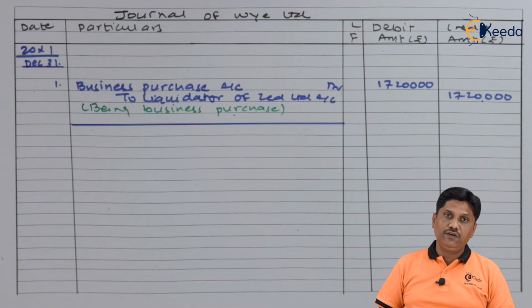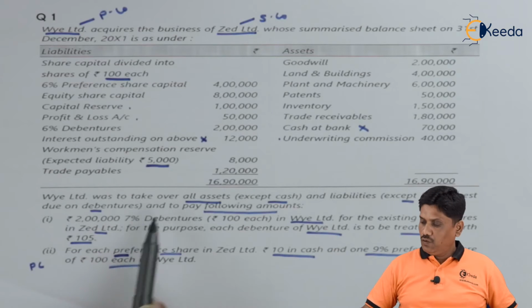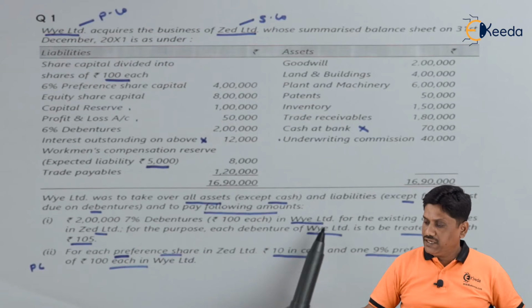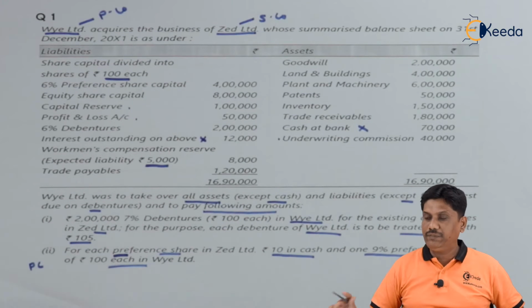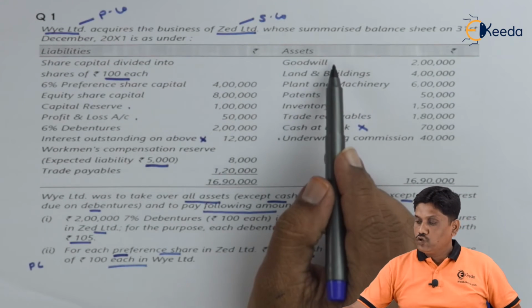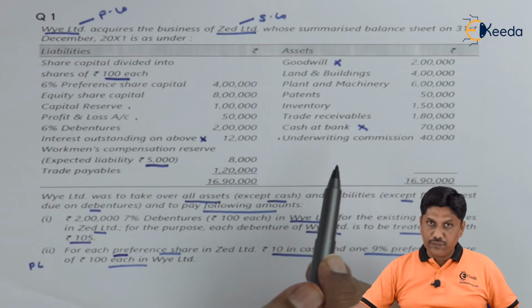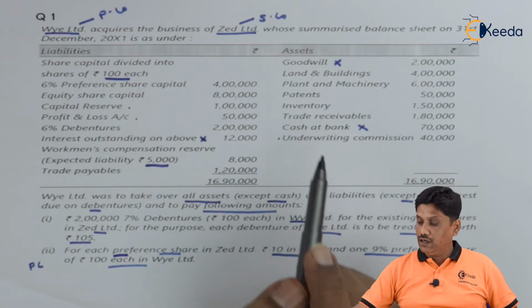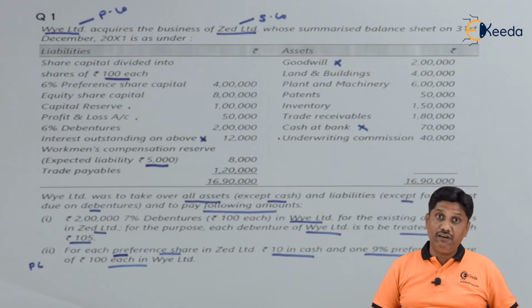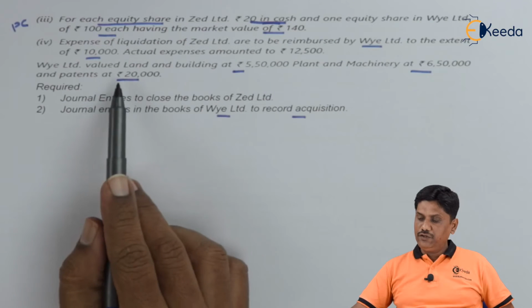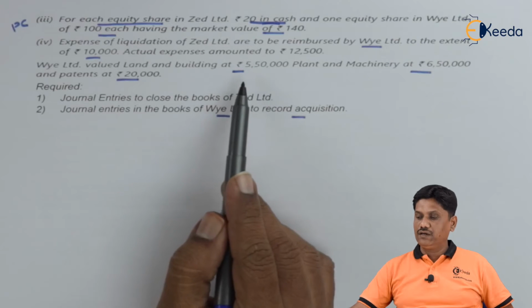Let's see your information. They are saying Y Limited was to take over all assets except cash and all liabilities except interest. Goodwill I will not consider because it always gets revalued. Right? Other assets, let me check whether any agreed value is given. In this last line you can notice how they valued their assets.